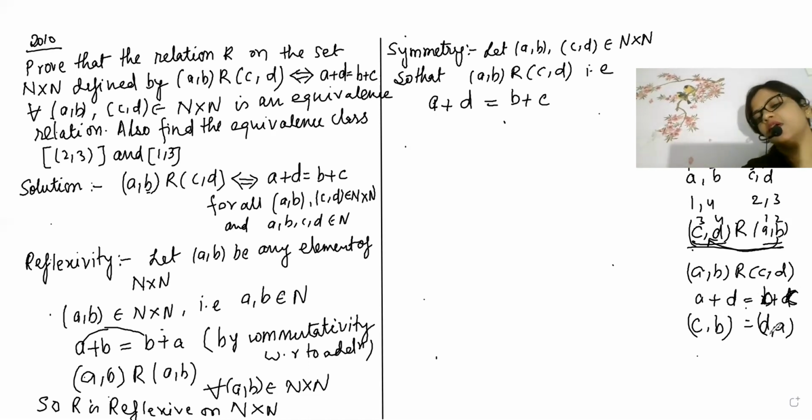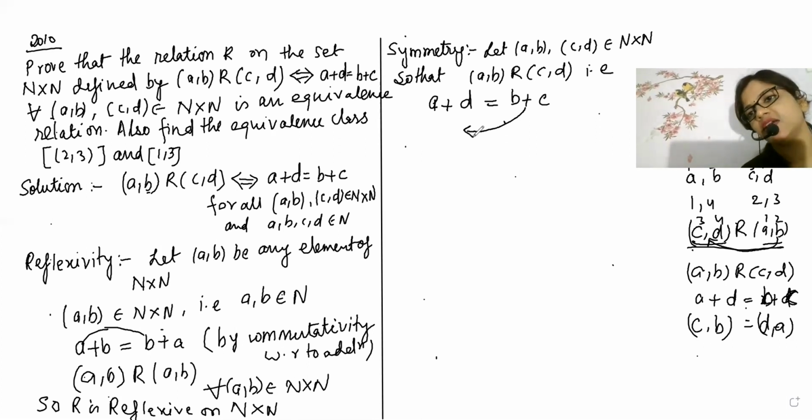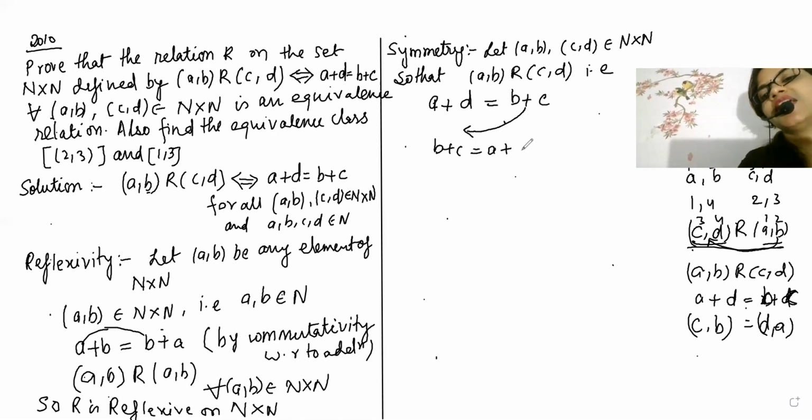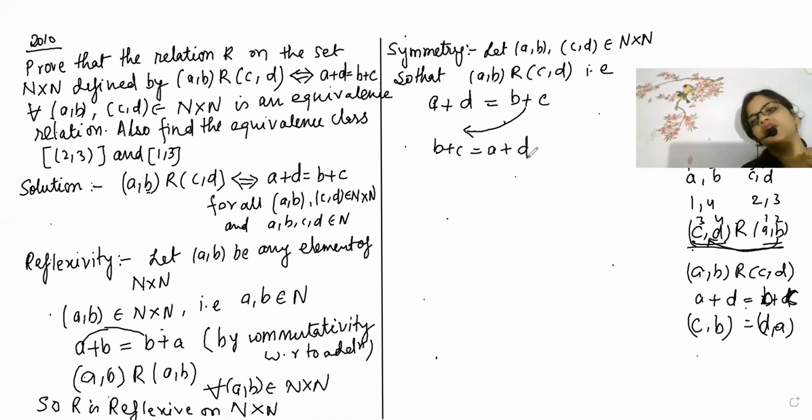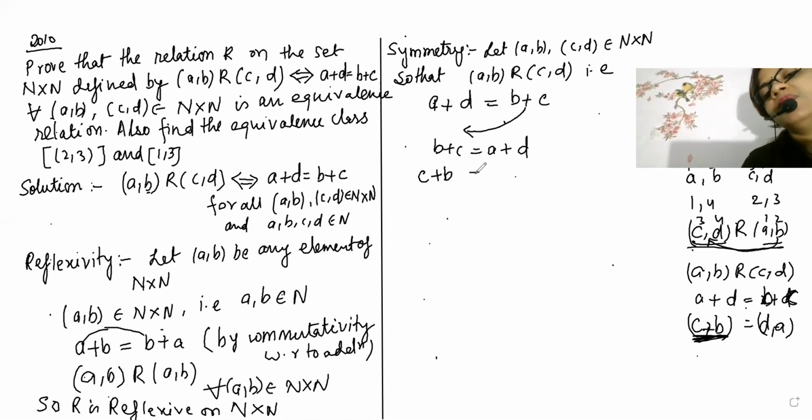That means B plus C should be shifted to this side. In an equation, left side is equal to right side, so if I write B plus C first and then A plus D, it makes no change because it is still an equation. Now here we need C plus B, so using commutativity with respect to addition, C plus B will be written and D plus A. So what you will write is: by commutativity with respect to addition.